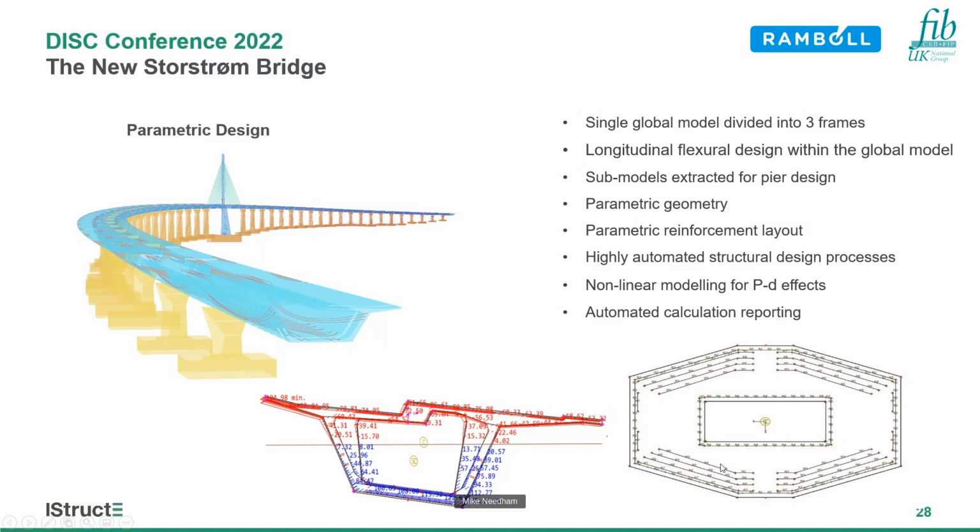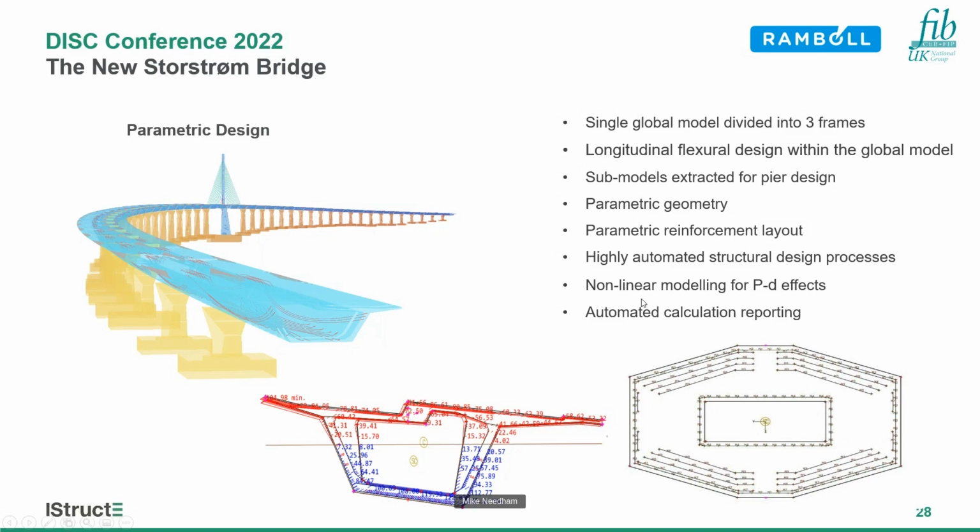And similarly for the reinforcement layout, because we had standard reinforcement template positions, we were able to parameterize that design as well. So this enabled us to develop really quite highly automated structural design processes that enabled us to look at every single segment of every single pier and every single girder separately, and to determine what the optimum concrete and reinforcement layout would be.